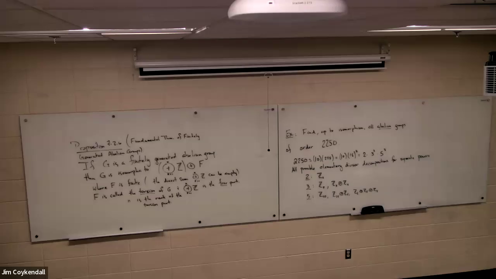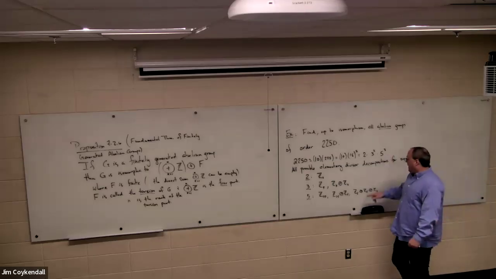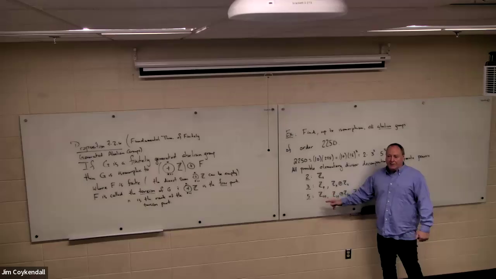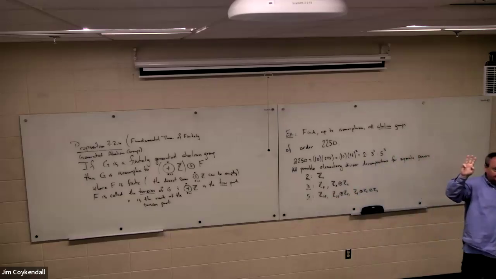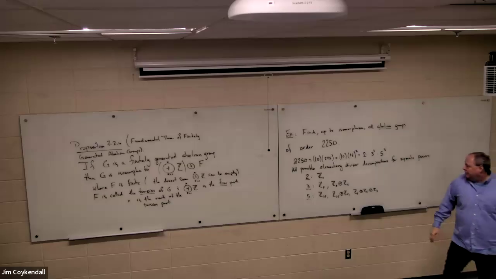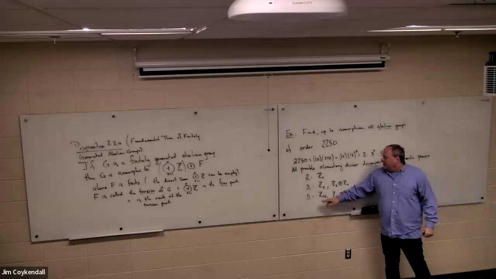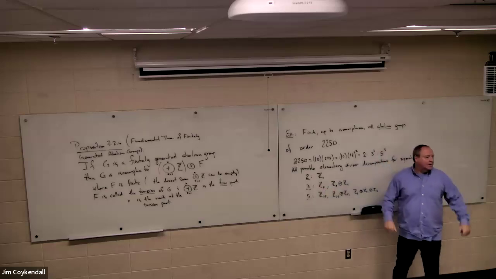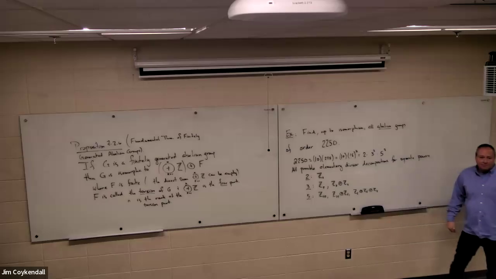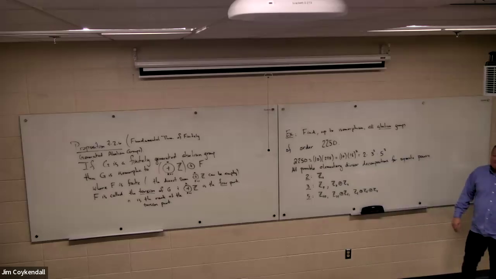Everybody agree that I've exhausted all the possibilities for breaking down? So think of it this way. This last one, Z125, that's 5 cubed. How many ways can you break down 3, which is the exponent? It's 3, or it's 2 plus 1, or it's 1 plus 1 plus 1. And that's essentially what we've done here. Same here with 3 squared. It's either 2 or 1 plus 1. Everybody okay with that? Everybody clear on this?